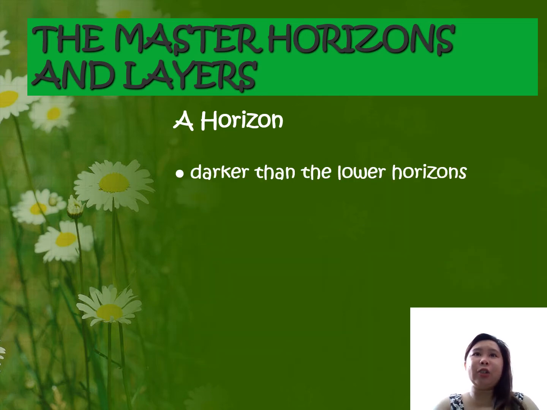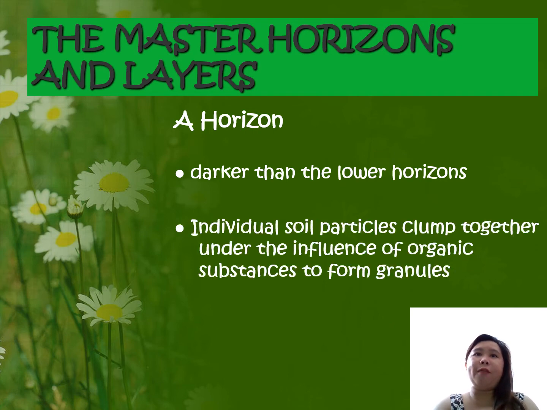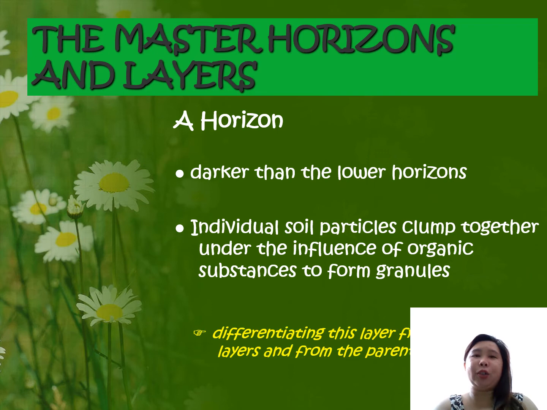A horizon is darker than the lower horizon, and the individual soil particles clump together under the influence of organic substances to form granules. This characteristic differentiates this layer from the deeper layers and from the parent material.